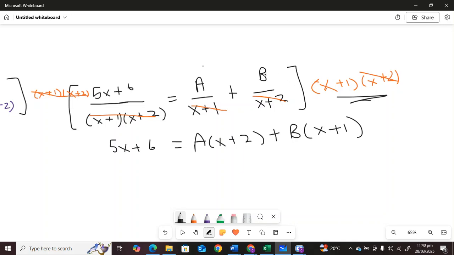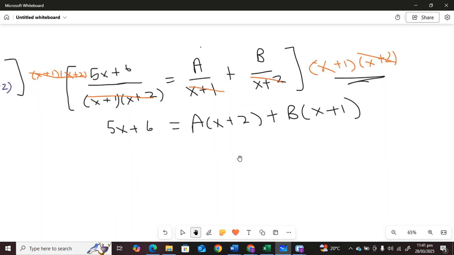When you multiply b over x plus 2 times this expression, x plus 2's cancel, and you remain with b times x plus 1. There are many ways you can now solve from here. You can expand the brackets and equate coefficients, or you can make life easy and ask how can I eliminate each variable and find the value of the other variable?